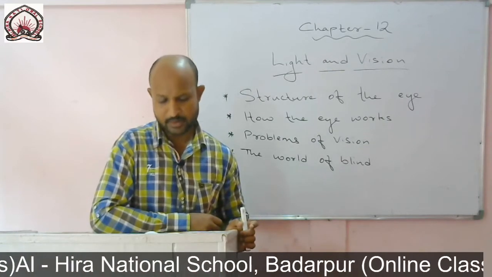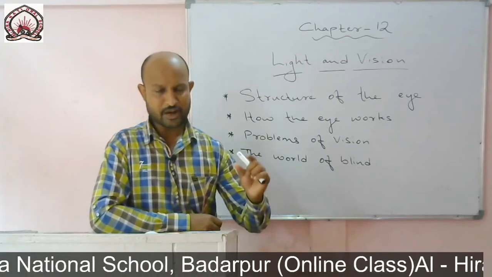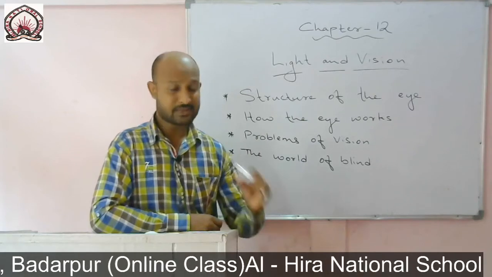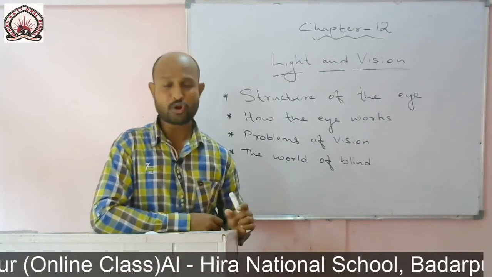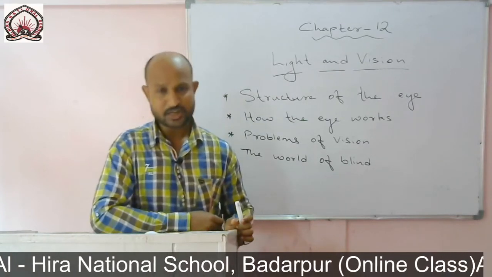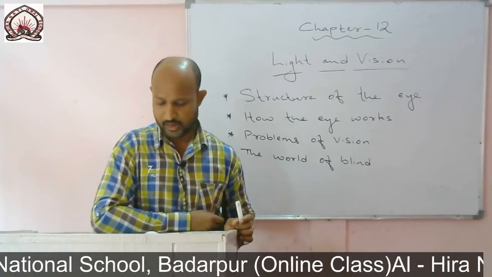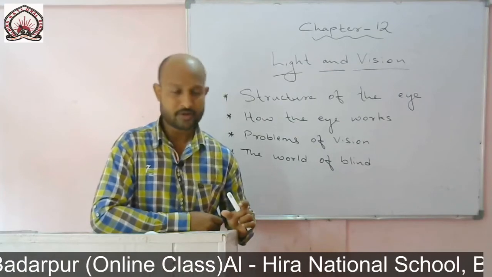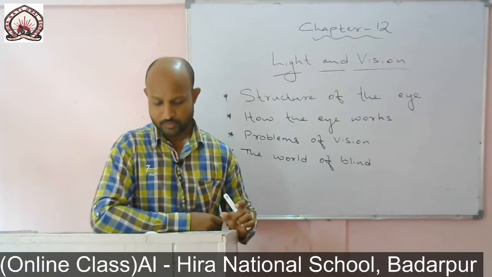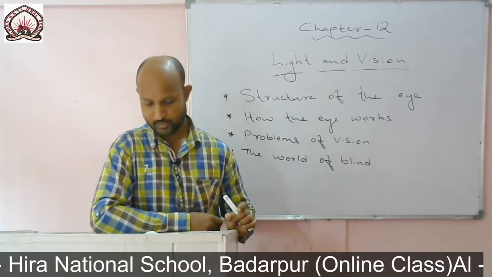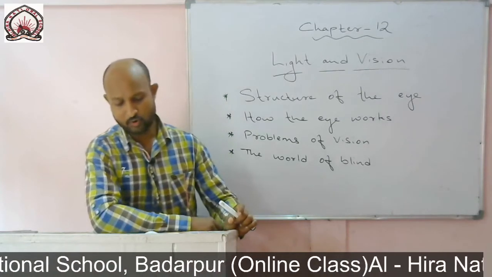But when the image of any object is formed at the blind spot, as the blind spot does not have any sense receptors, the information regarding the image is not sent to the brain, and the brain is unable to pick up the information. So we are not able to make out the image. Therefore this spot is called the blind spot.